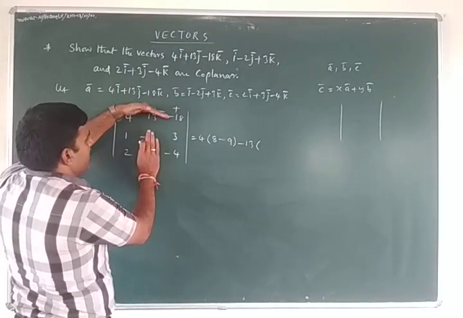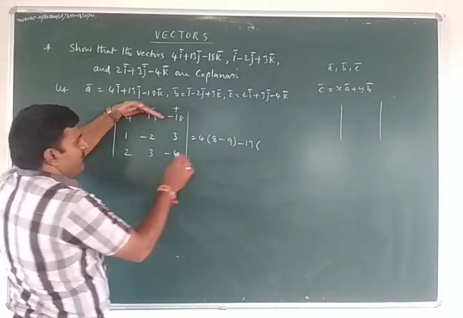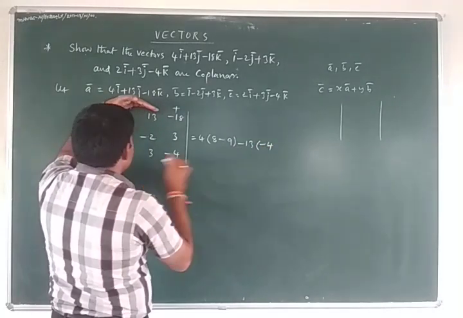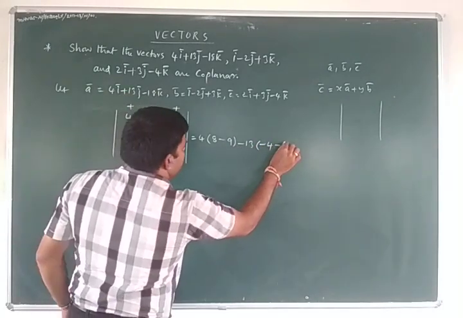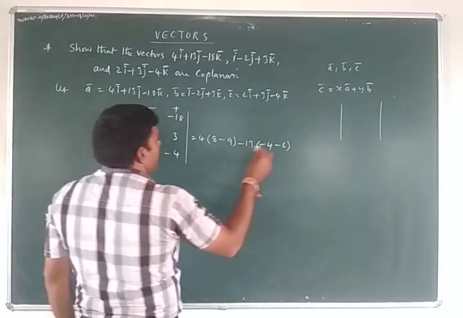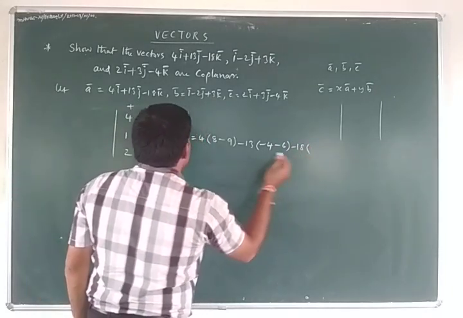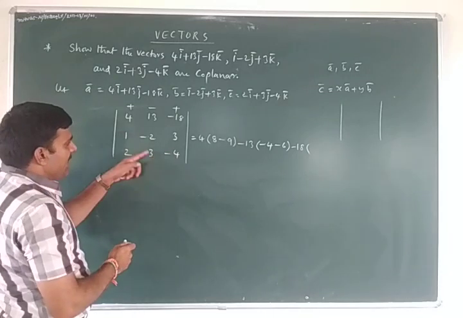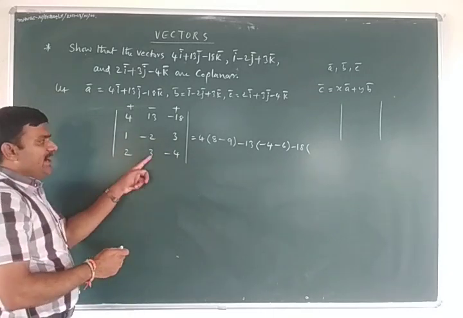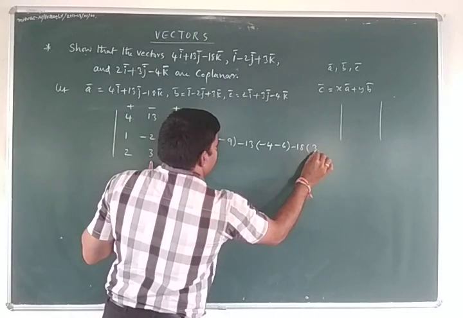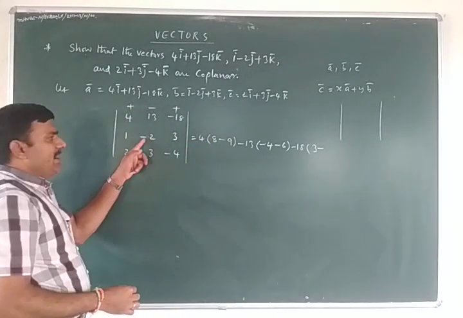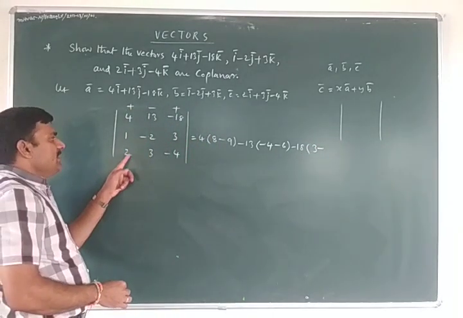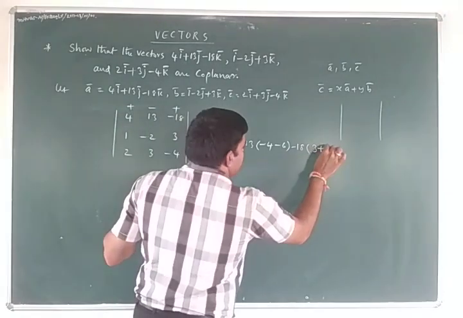So this one and this one removed: AD is 4, BC is minus 6. Next, minus 18 into, removing the row and column of minus 18, the remaining is AD minus BC. So AD value is 3, minus BC, minus and minus become plus, so 2 twos are 4, plus 4.